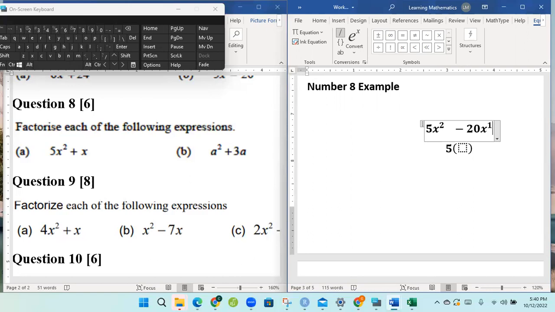It can go into both of them without a remainder, like how 5 is smaller than 20. So you have to look at the smaller x. You have 2 x's to deal with, x squared and x to the 1. The smaller one: x.